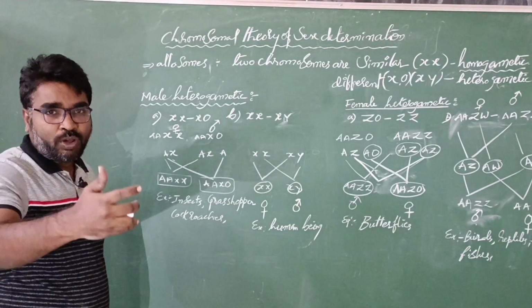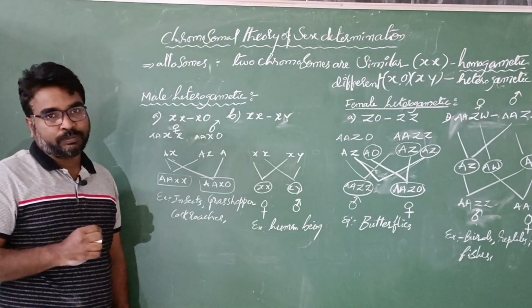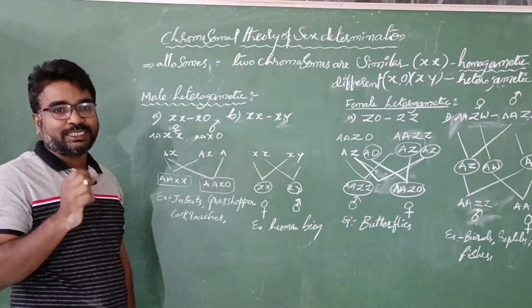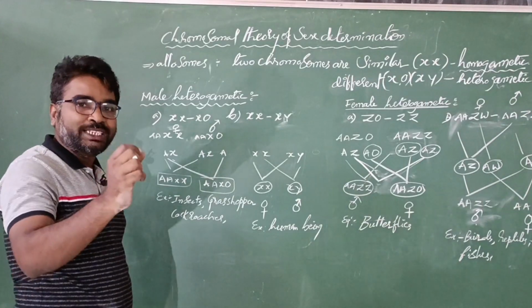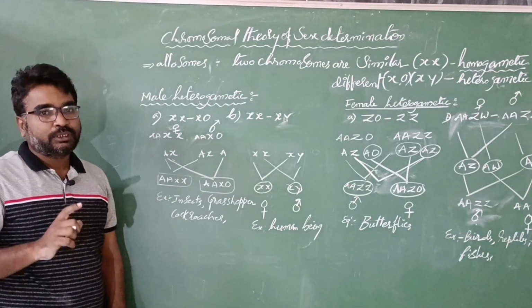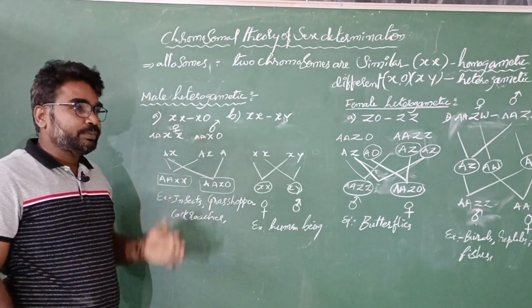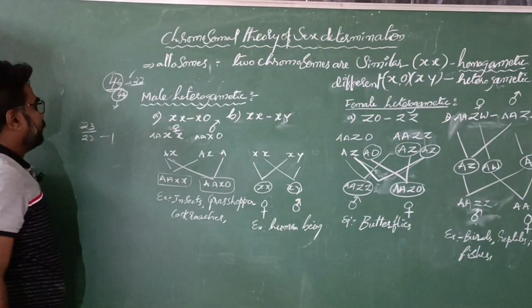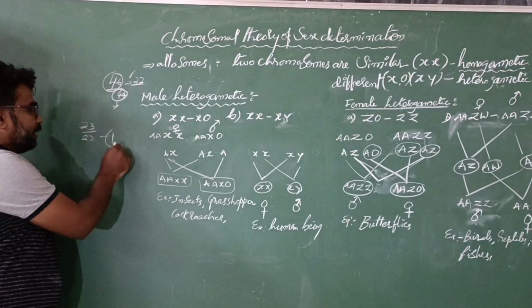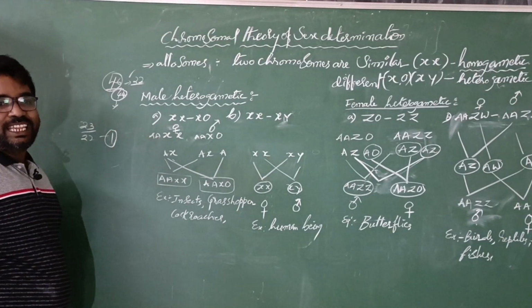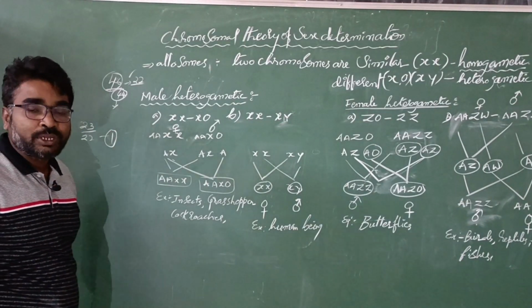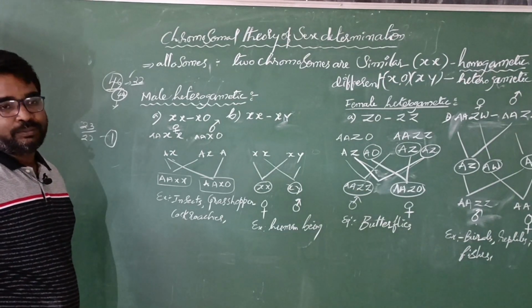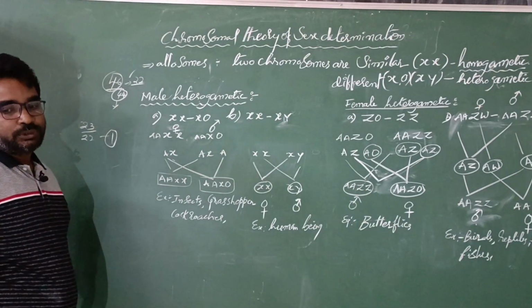Allosomes are involved in sex determination. Allosome means these chromosomes are involved in sex determination. The remaining one pair is involved in sexual determination, and we call it allosomes.